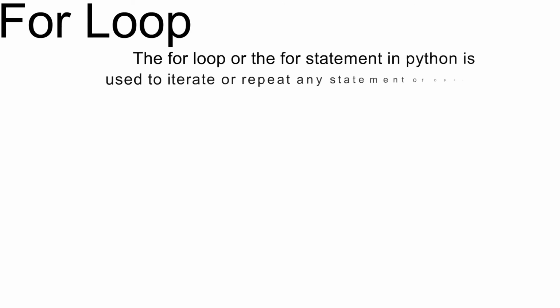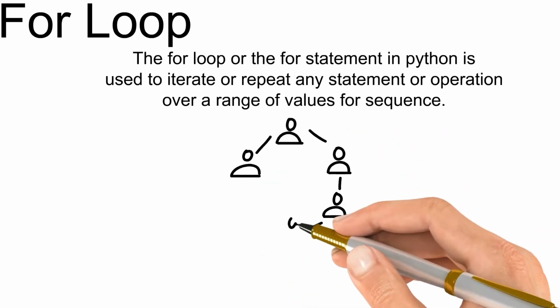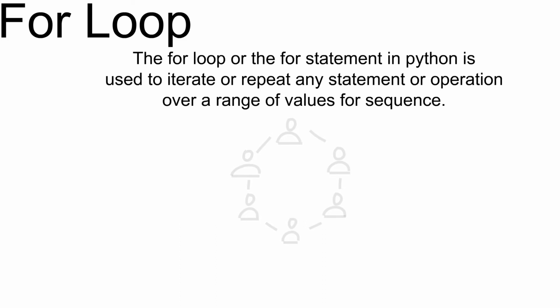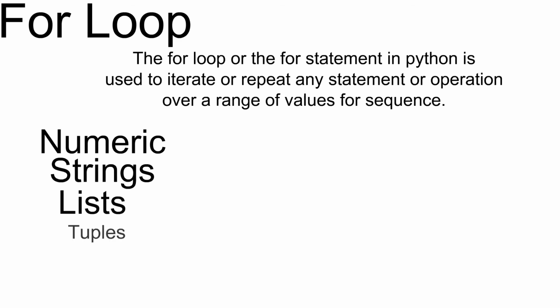So the for loop or the for statement in Python is used to iterate or repeat any statement or operation over a range of values or sequence. The for loop is executed for each of these items in the range. These values can be either numeric or elements of a data structure like string, list or tuple.